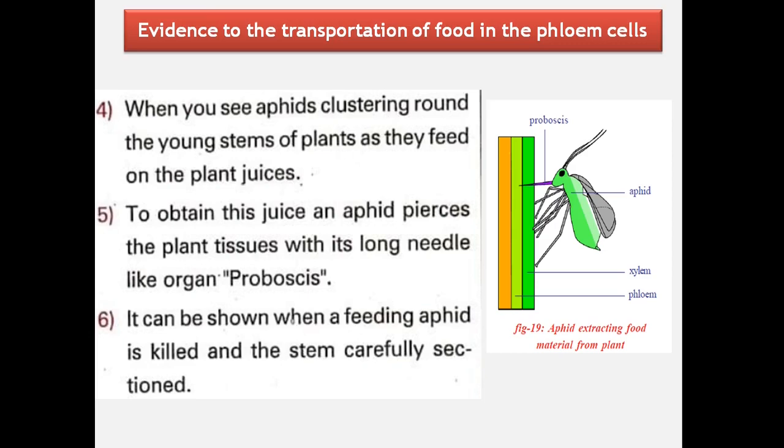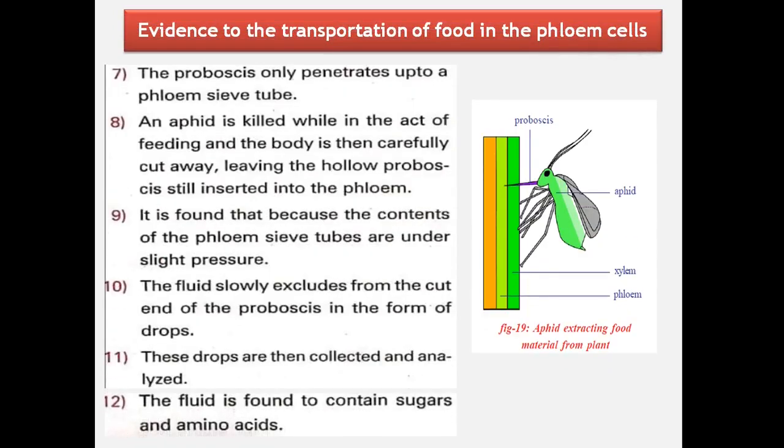Biologists noticed this when they killed a feeding aphid and the stem was carefully sectioned. They observed that the proboscis penetrated up to the phloem sieve tubes. They killed the aphid when it was sucking plant juice and carefully cut away the body, leaving the hollow proboscis still inserted into the phloem.